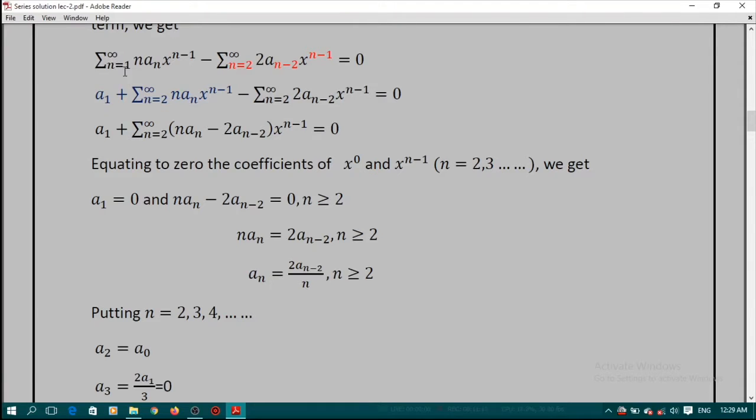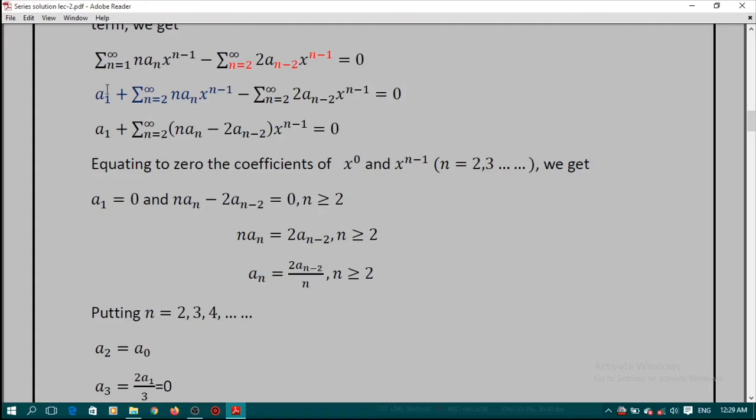In the first summation we have 1 to infinity, and in the second we have 2 to infinity. So now let's represent the first summation in a different form. We put n equal to 1 here, so we get 1 into a1 x raised to 0, and we write the other term in summation notation.